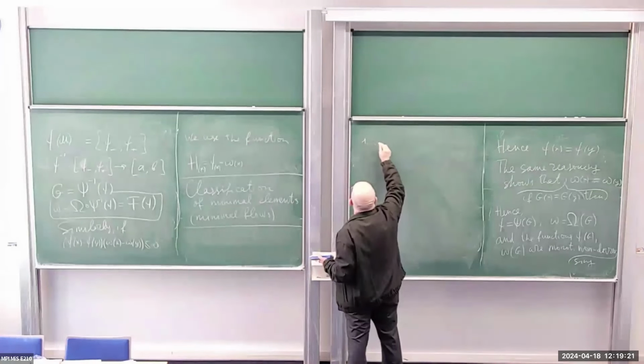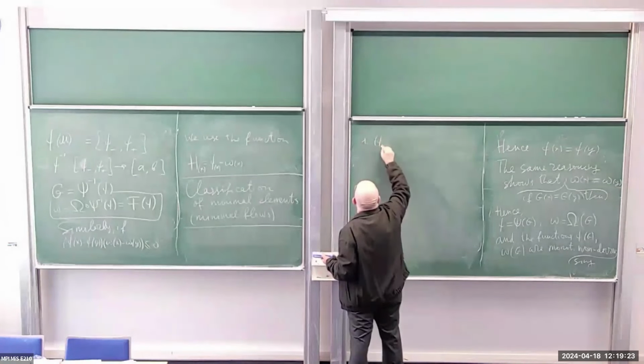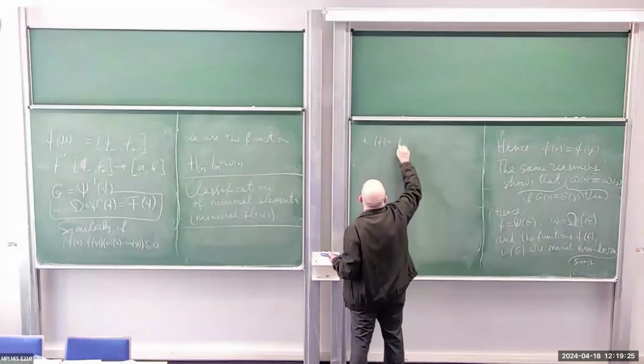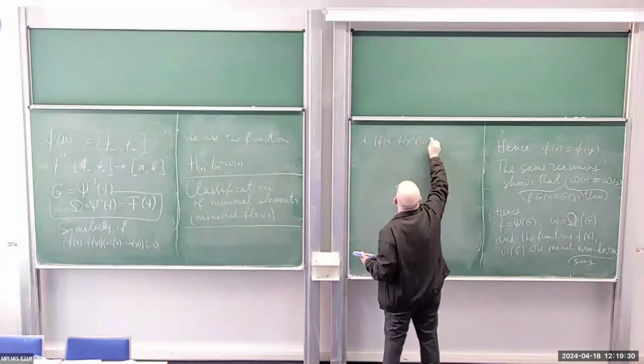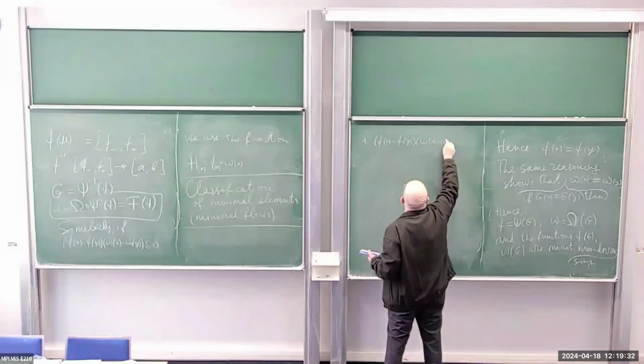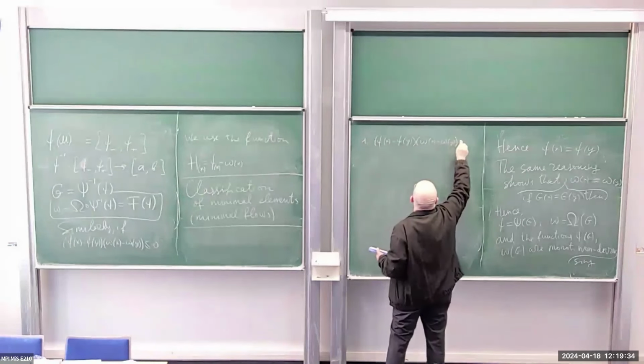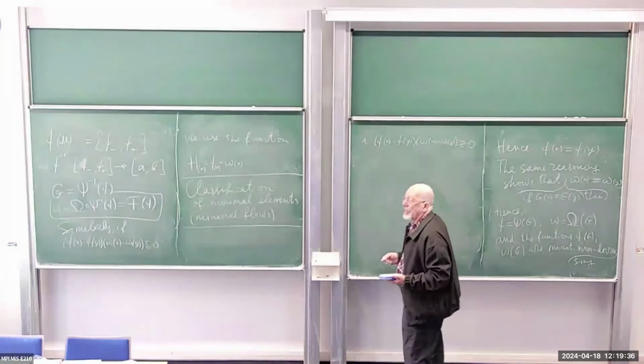First class, when psi of x minus psi of y, omega of x minus omega of y is greater than or equal to 0. What does it mean?